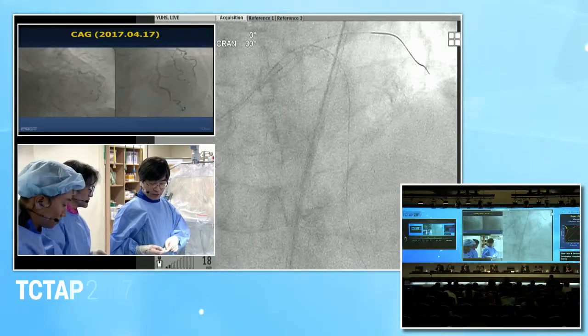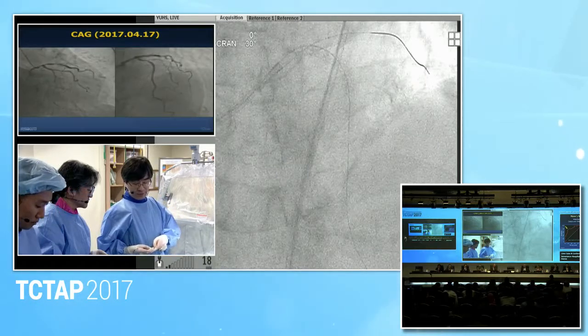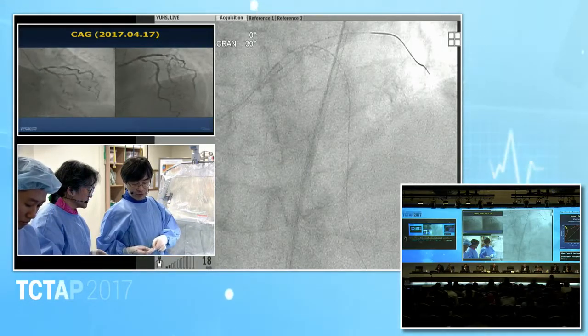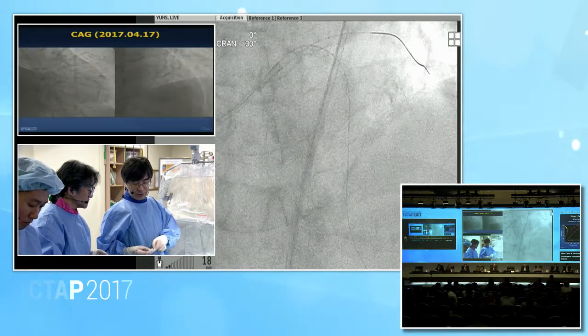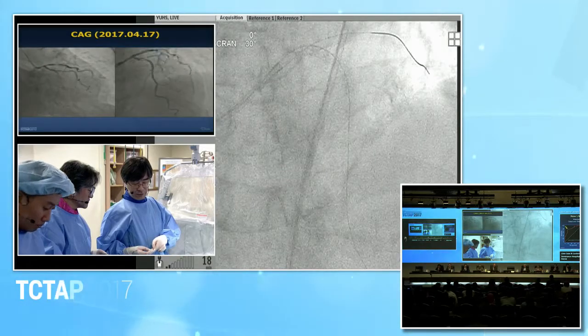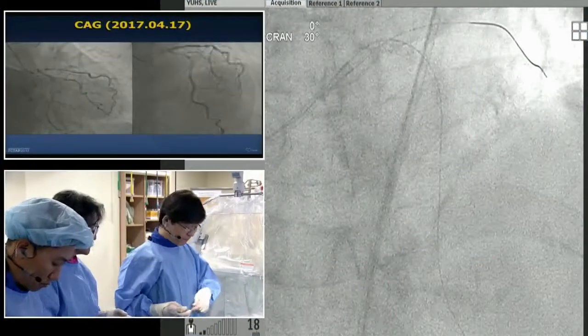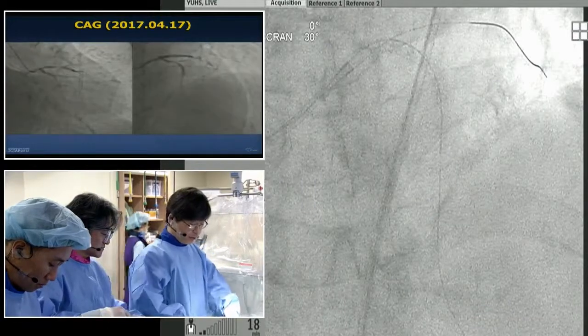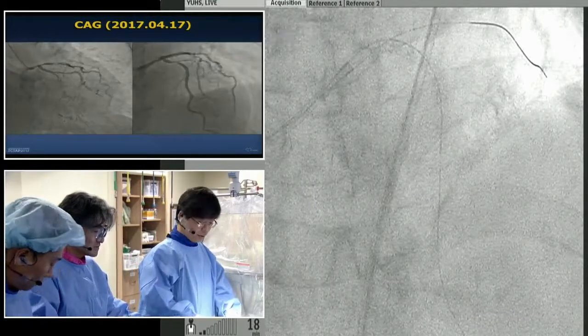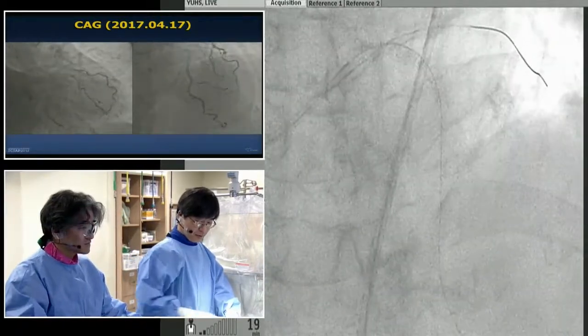We are still using just the conventional IVUS and the angio machine and software. Maybe we can ask other panel members what they are thinking about this and what they would do.